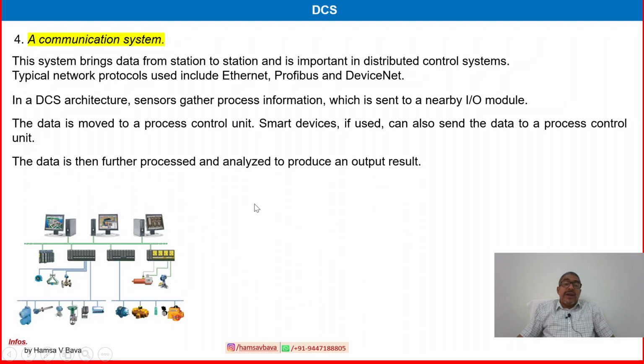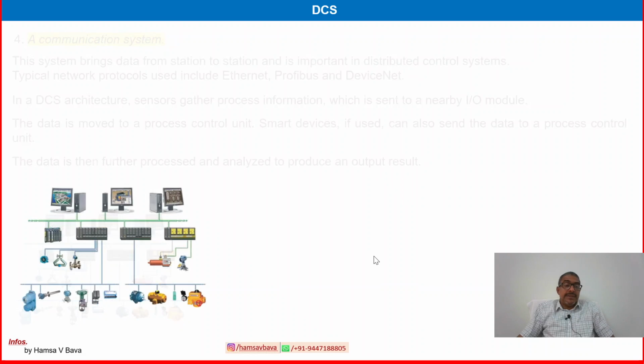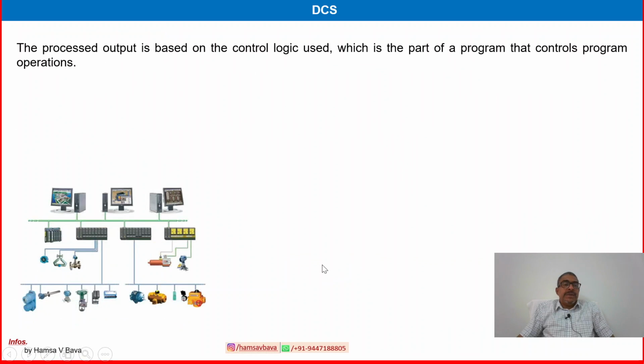The data is then further processed and analyzed to produce an output result. The processed output is based on the control logic used, predefined set point, predefined logical value, which is part of a program, that controls program operation.